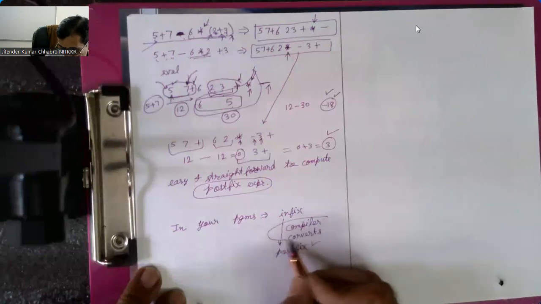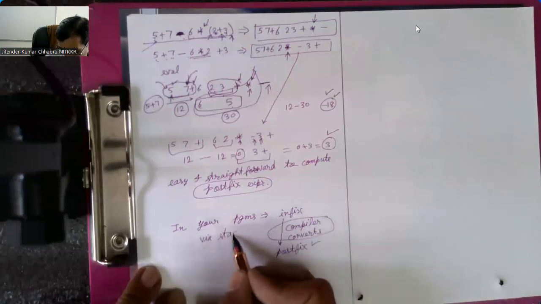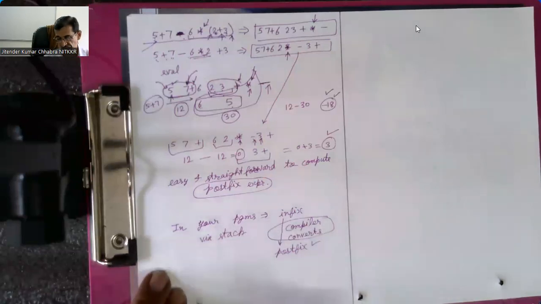And how is this done? This is also done using stack. So stack has another application which we will see: infix to postfix conversion is also done by using stack.